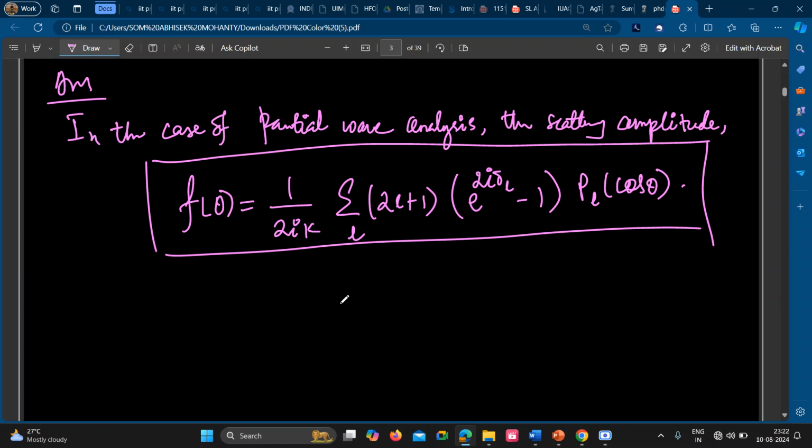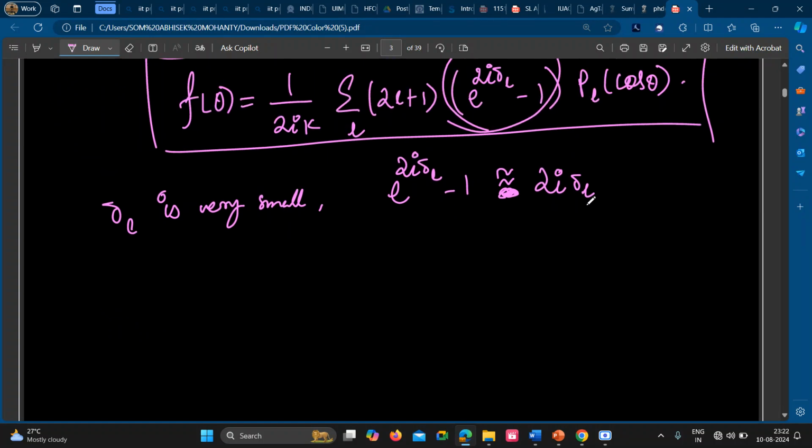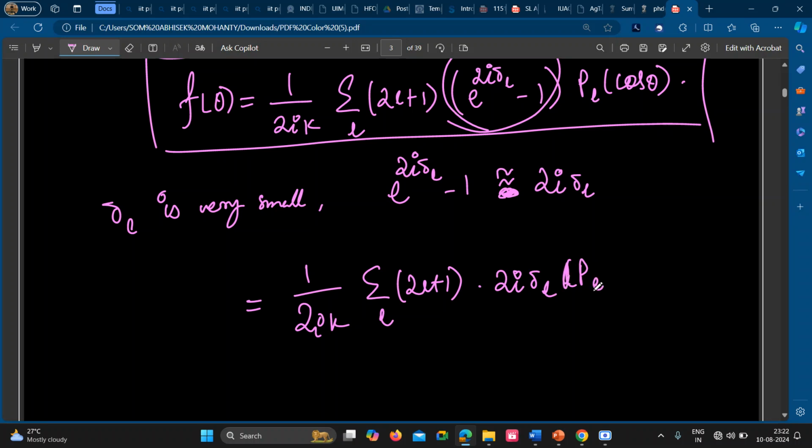When delta is very small, e to the power 2i delta L minus 1 becomes approximately equal to 2i delta L. The exponent becomes 2i delta L, so in place of this I can directly put 2i delta L. So with 1 by 2ik, summation (2L plus 1), 2i delta L, P_L cos theta, the 2i gets cancelled.